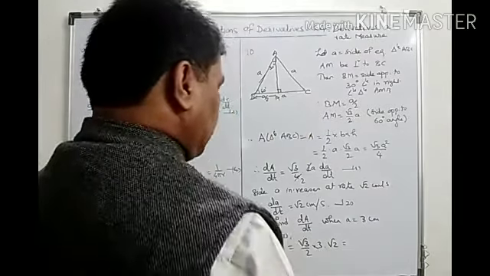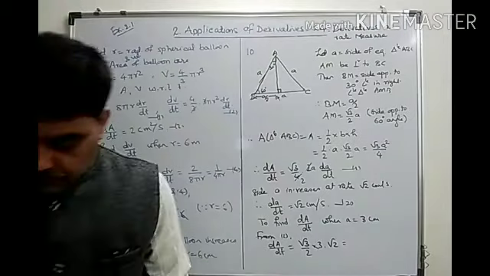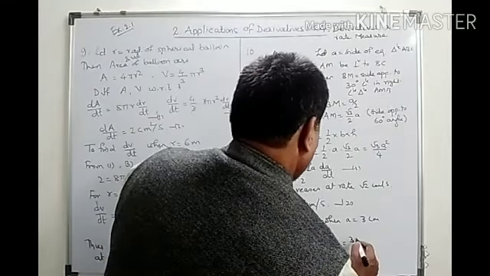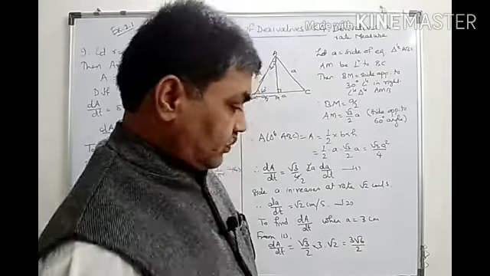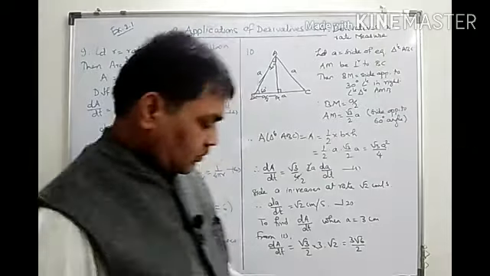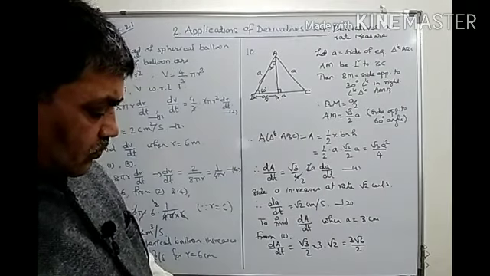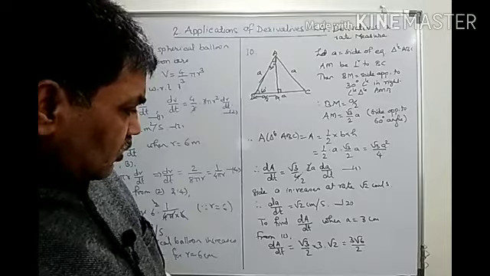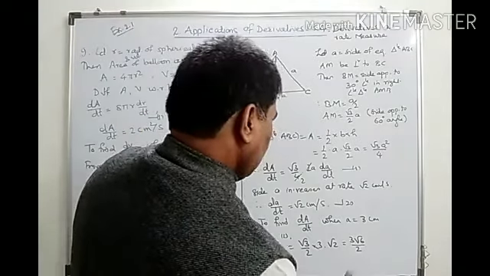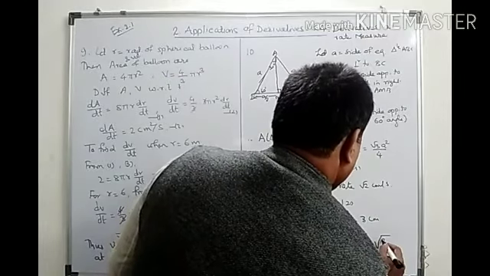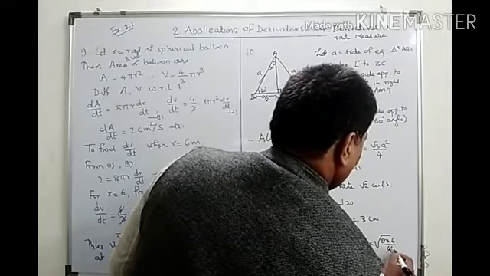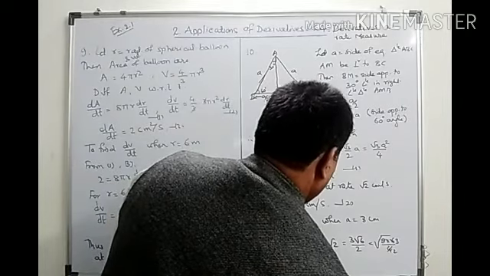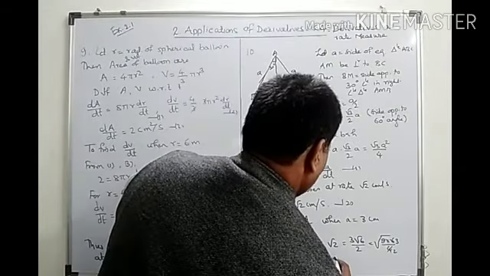Then if you simplify this, it will become 3 by 2 into root 6, which is nothing but root of 27 by 2 centimeter square per second.